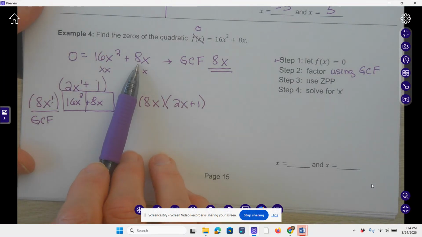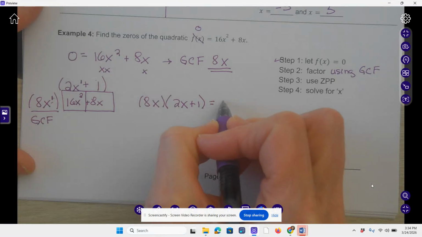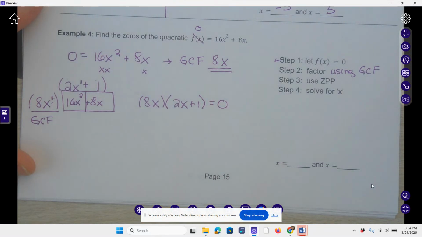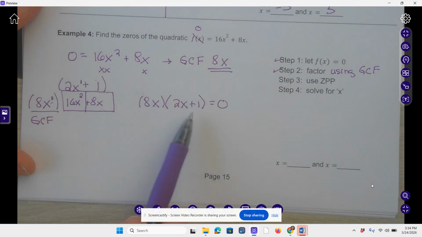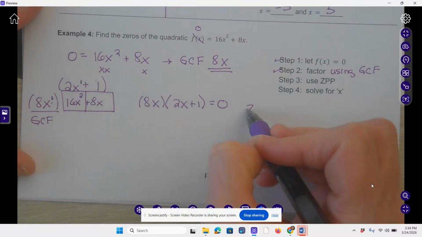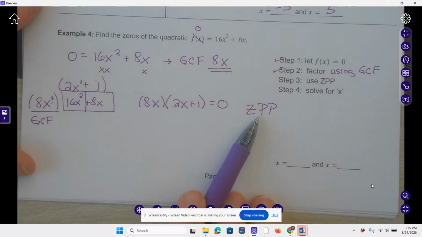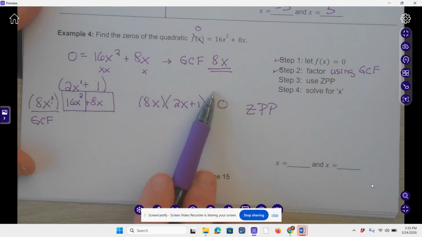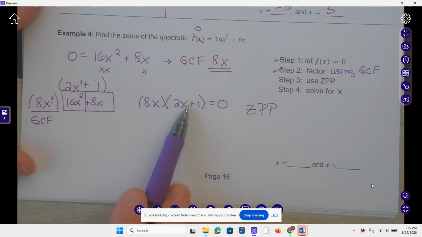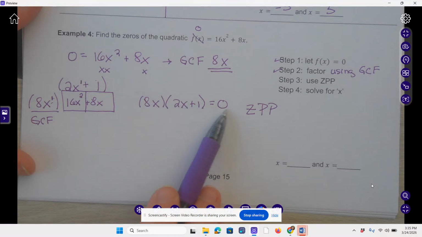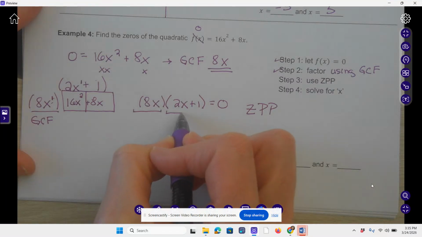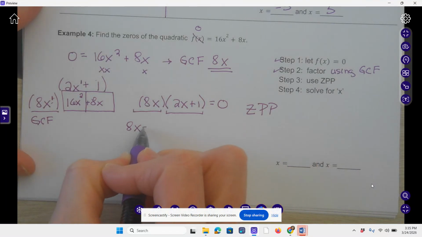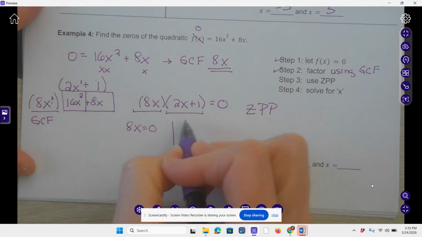We had our original binomial set equal to 0, so set your factored form equal to 0. So we factored. Now we have two factors multiplied together that equals 0, so now we can use ZPP, zero product property. Remember, you can't use zero product property unless you have two things multiplied, that's the product, and equal to 0. So the two factors that are multiplied are 8x and 2x plus 1, so I'm going to set both of those equal to 0.